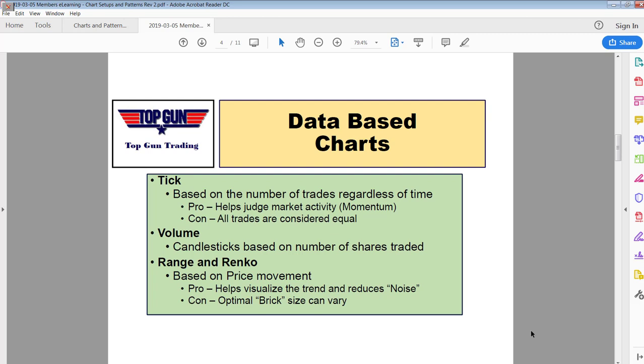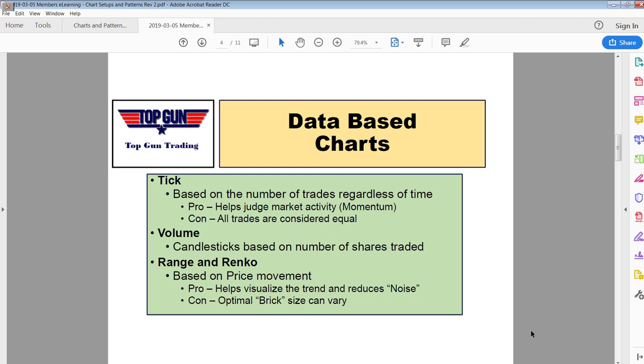I have no idea where they came up with that one, but one of the ones that I used a lot in the futures market was 377 ticks, and it just happened to be a happy medium. You'll probably have to play around with what settings are best for you to use for the instrument that you're trading.